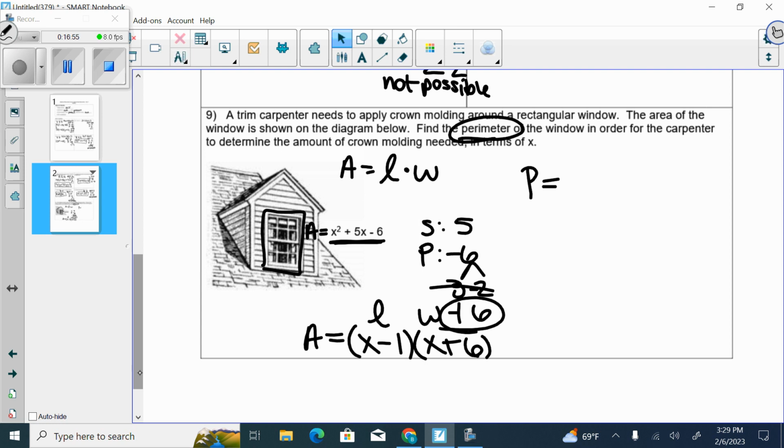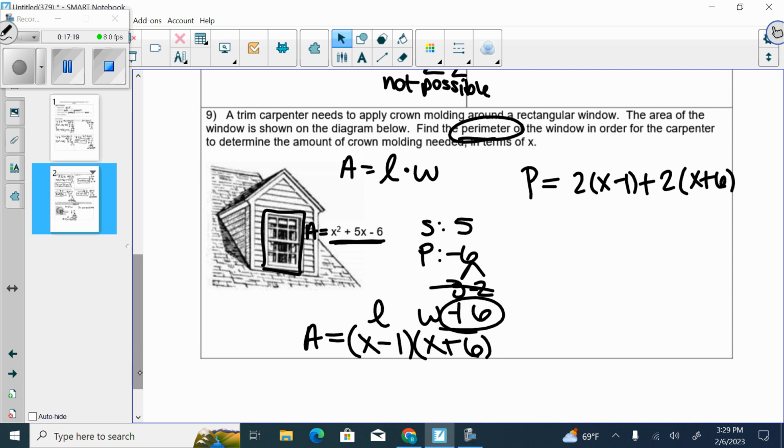Well, how many lengths are there going to be? 2, right? So 2 of these x minus 1s plus how many widths are there going to be? 2. So 2 of these x plus 6s. And when we add them all together, that should be the perimeter, right?